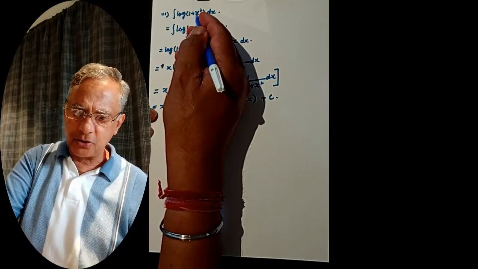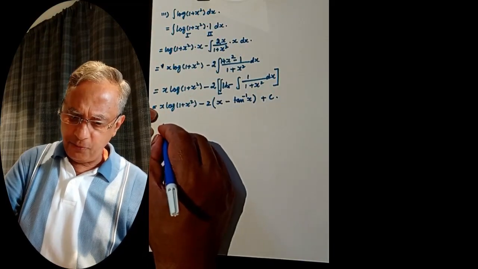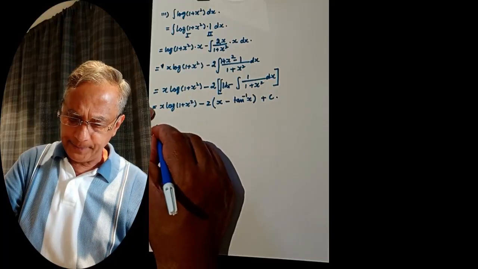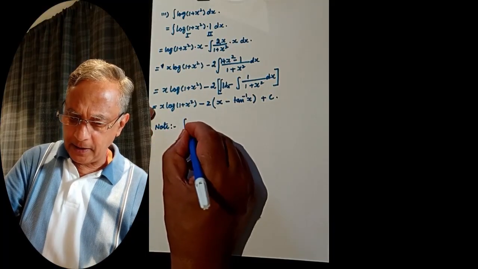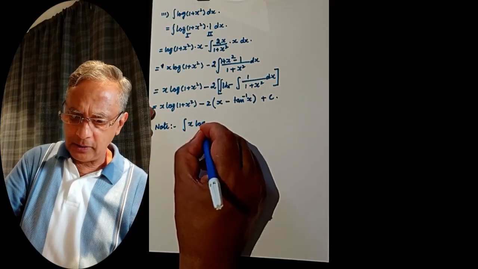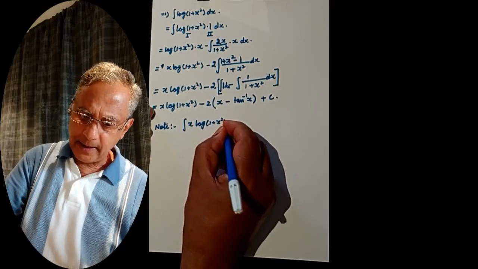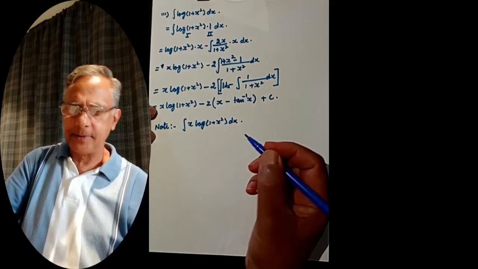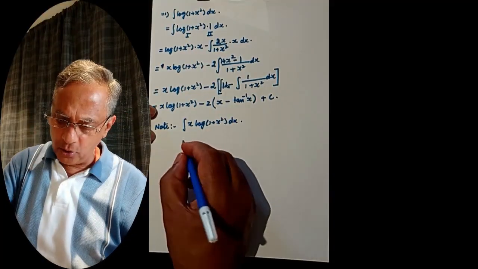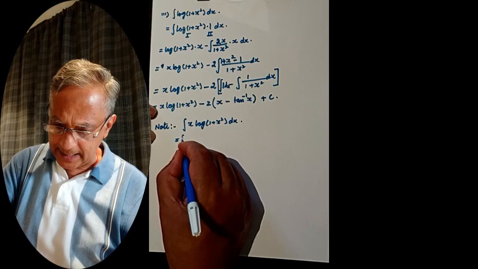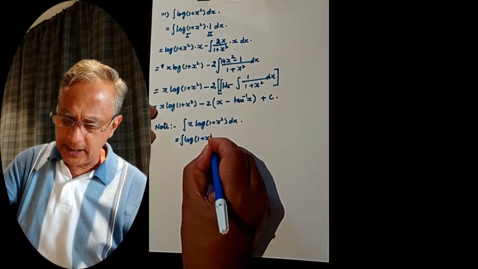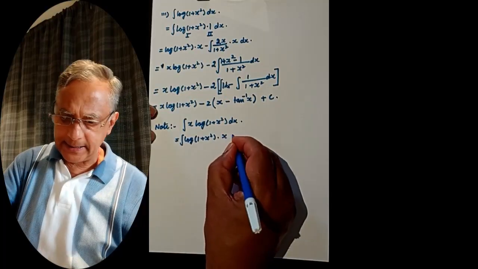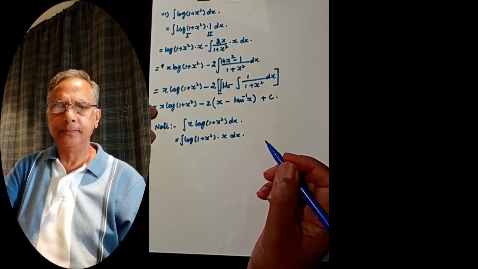Now we modify this question a bit. If the question is, say, integral x log of 1 plus x square dx, what we will do is write this as log of 1 plus x square into x dx.